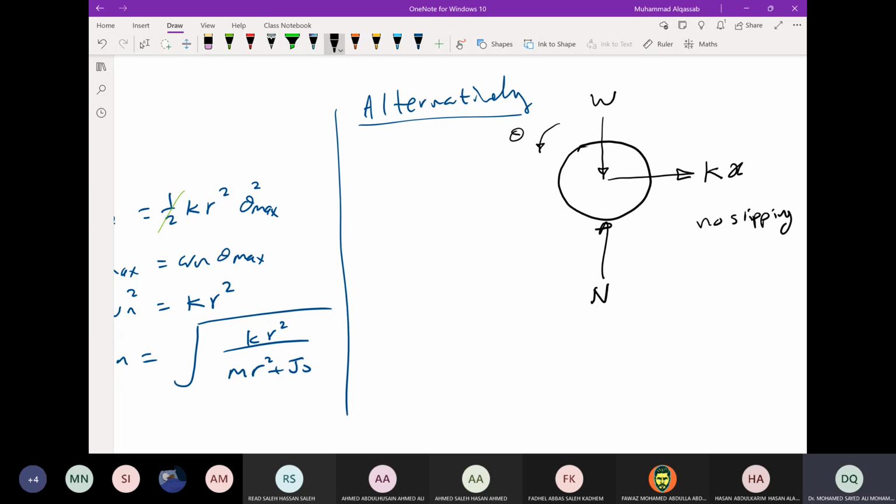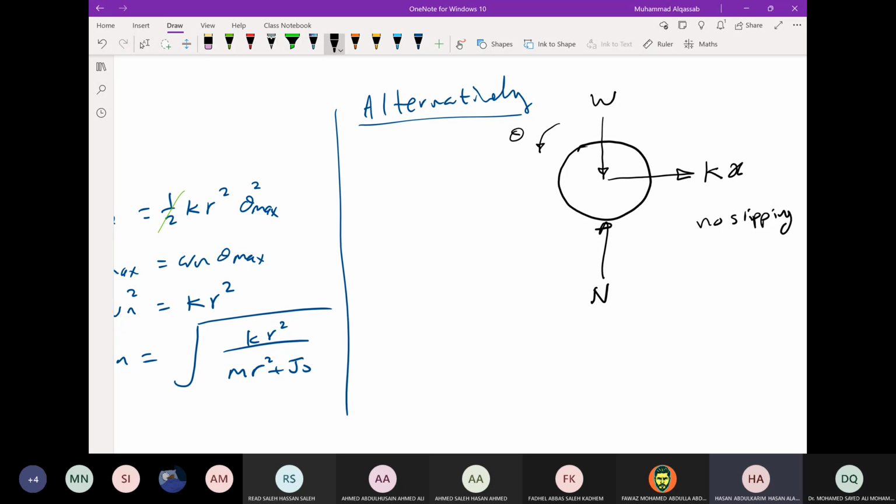Static friction. The question I just asked you is whether there is a friction force or there is no friction force. We will talk about the type of the friction force.